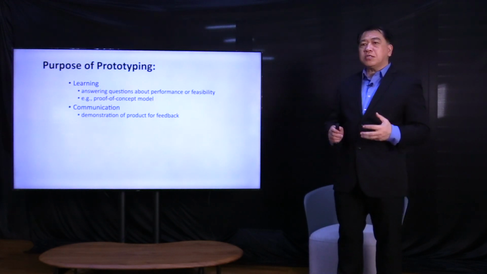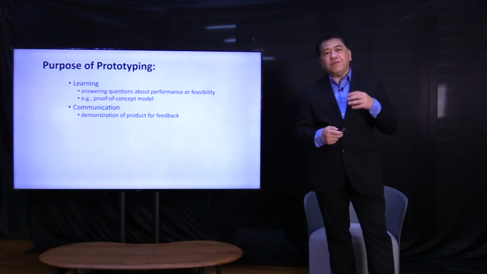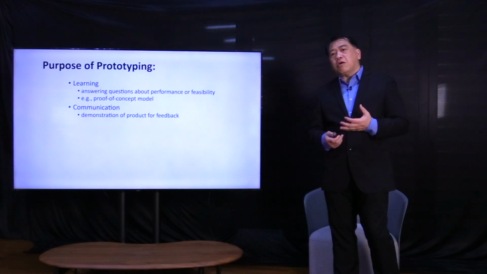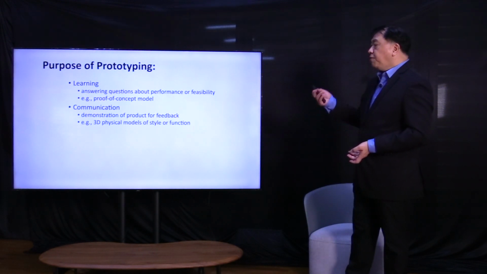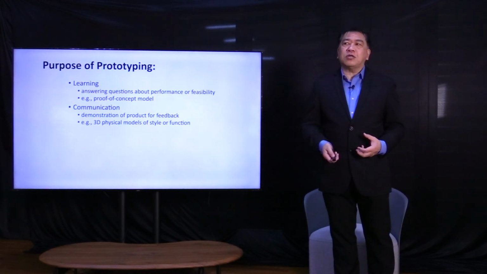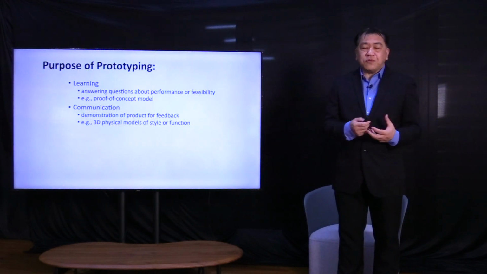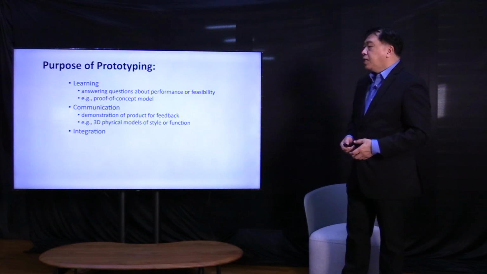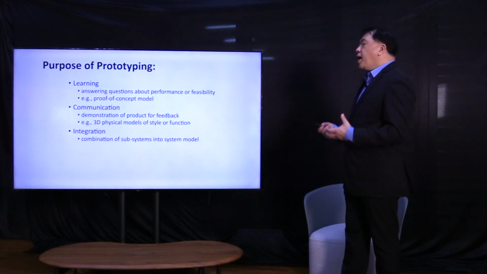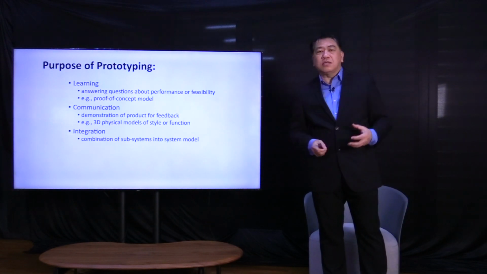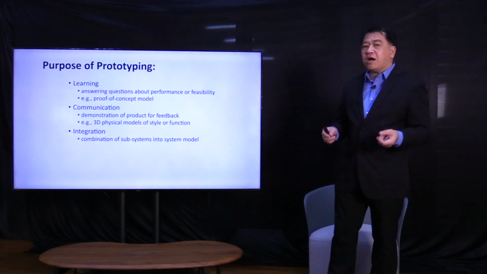And I think it's very important because sometimes people cannot understand if you try to explain the concept to them, or show it on a computer drawing. Sometimes they need something physical. So a 3D physical model of style and function is really useful and powerful. And then we can use it for integration to combine subsystems. So you have different parts. Let's say you have a flying car.